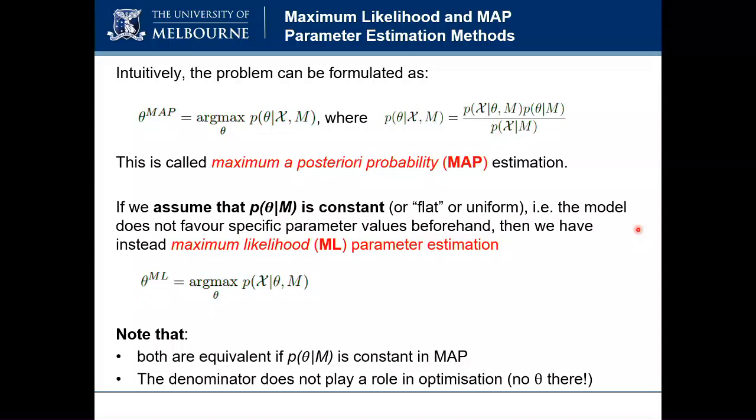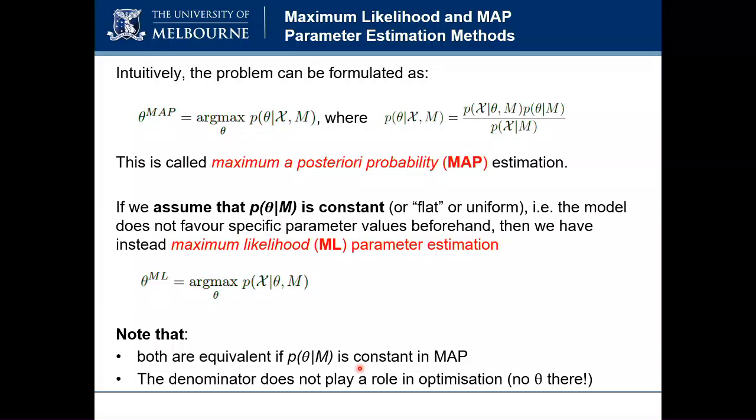Then this is constant, the denominator was constant as well, so this is then what we call maximum likelihood estimation. The only thing left is the theta maximum likelihood, which maximizes over theta the probability of x given theta and M. And that's the right-hand side, right, from the Bayes rule. And that's it.